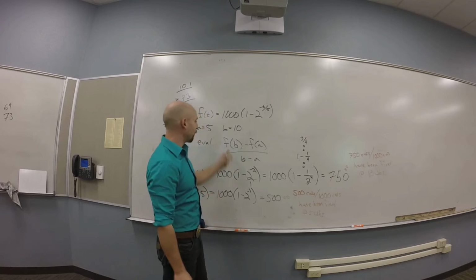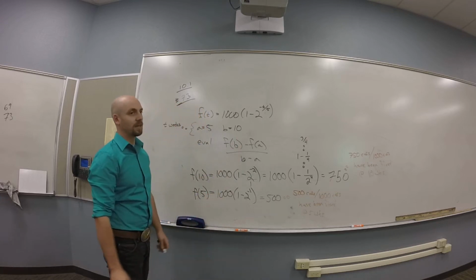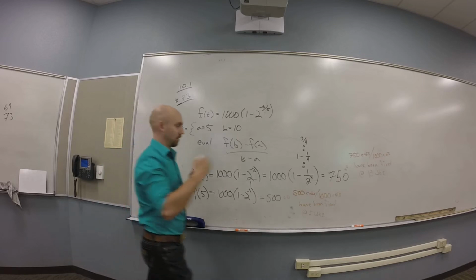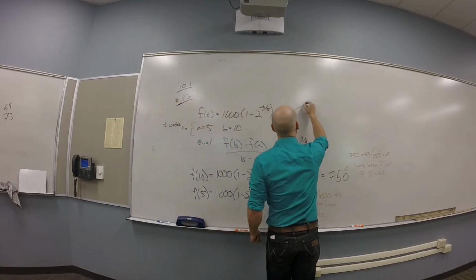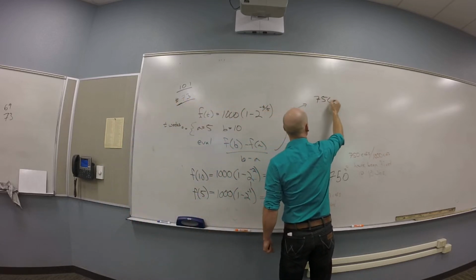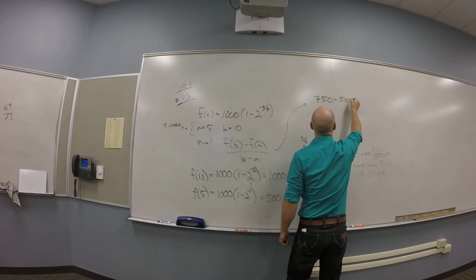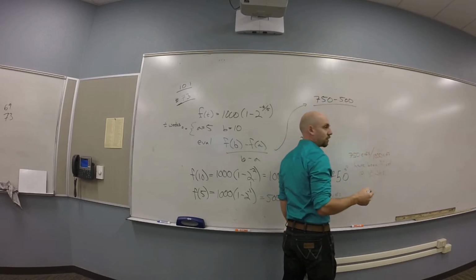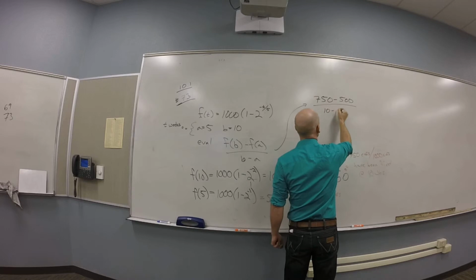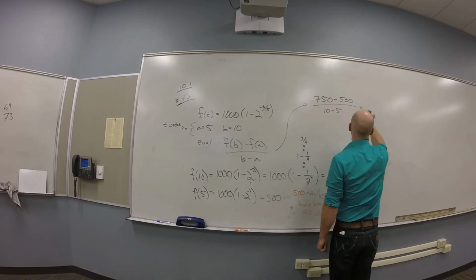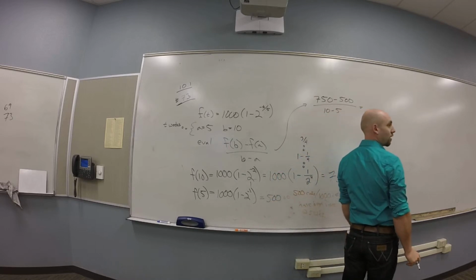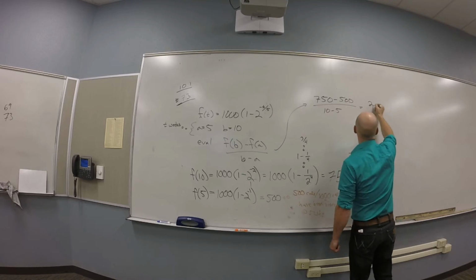Okay, now what about F of B minus F of A over B minus A? So this is 750 minus 500 divided by 10 minus 5. That's 250 divided by 5.